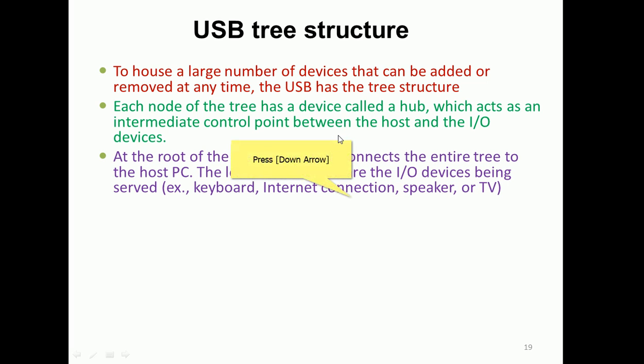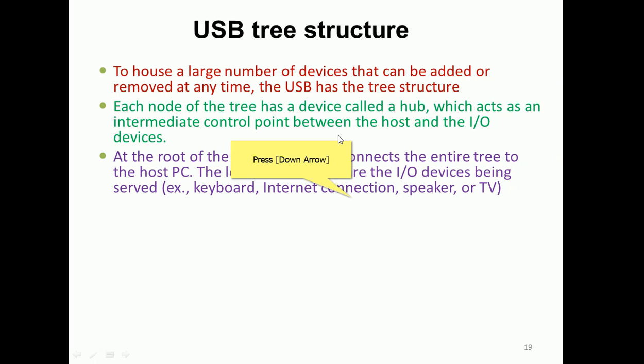At the root of the tree, the root hub connects the entire tree to the host computer. The leaves of the tree are IO devices such as a keyboard, internet, speaker, TV, microphone, or mouse.